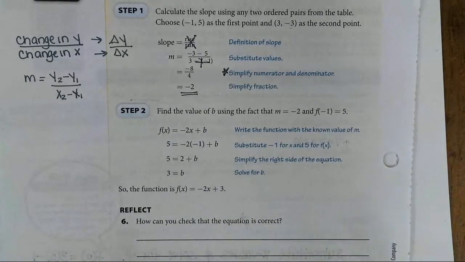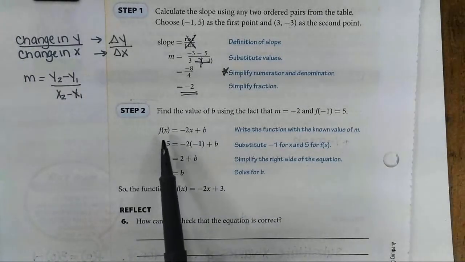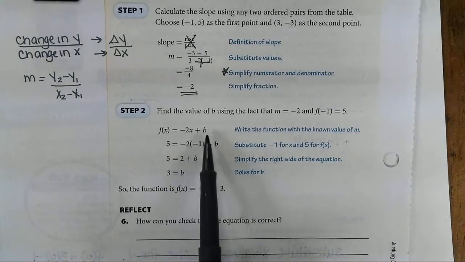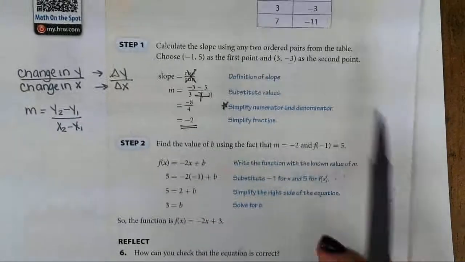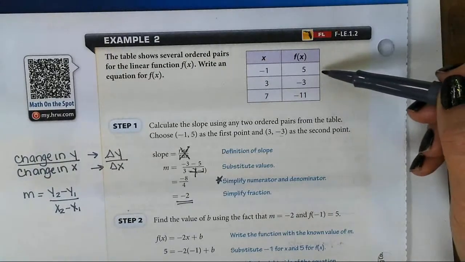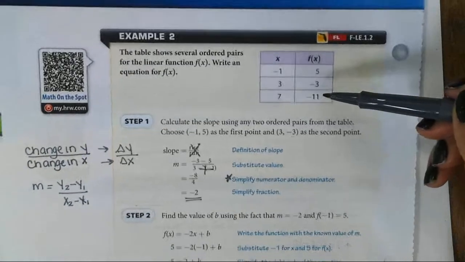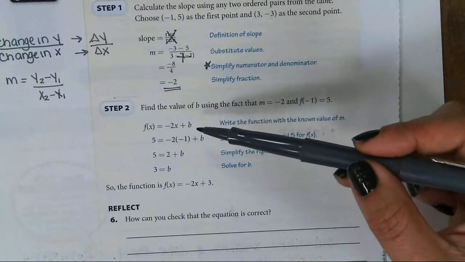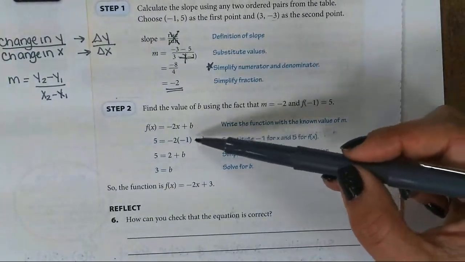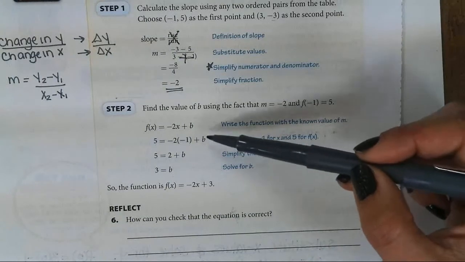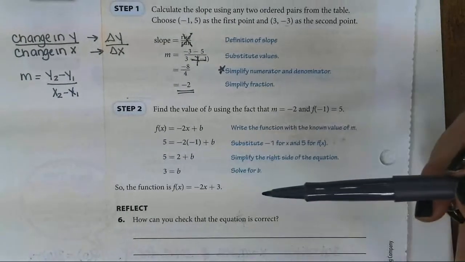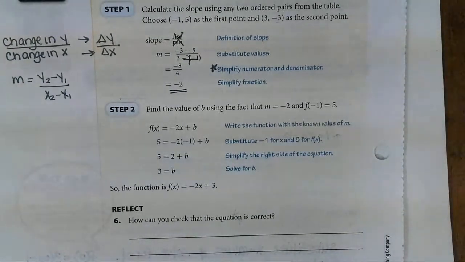What they did here is they wrote f of x equals -2x plus b. What we're going to do is substitute one of these points, because we know that these points are part of this line. We're going to substitute one of those points into the equation and solve for b, because we don't know what b is. And this is probably one of the easier methods of doing it.